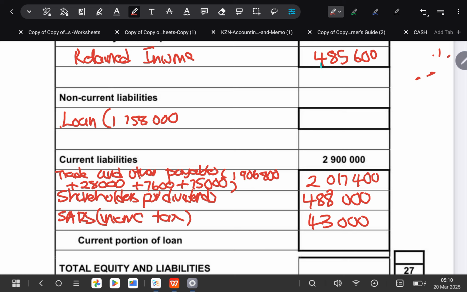So it means if we take this total and subtract everything, we'll get our current portion of the loan. So 2,900,000 subtract 2,017,400.